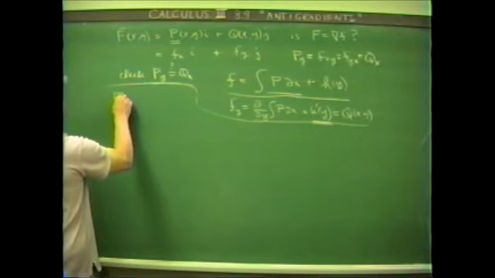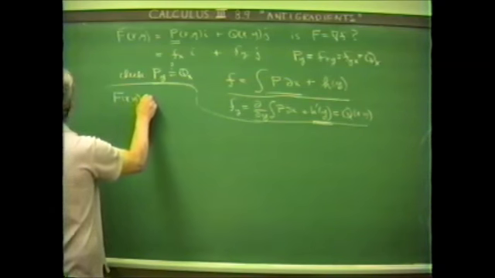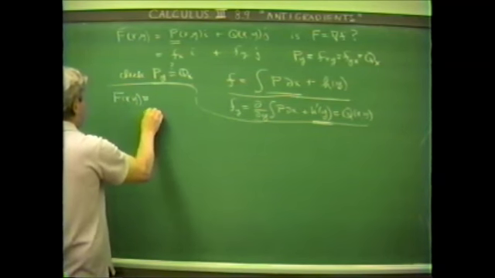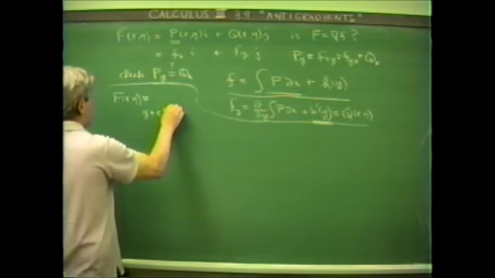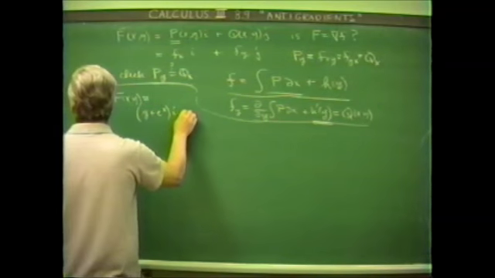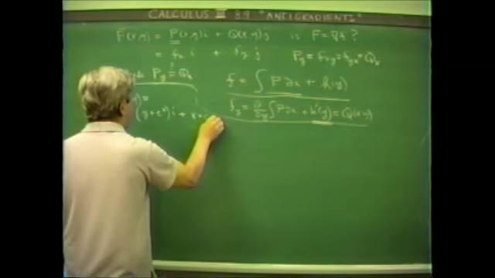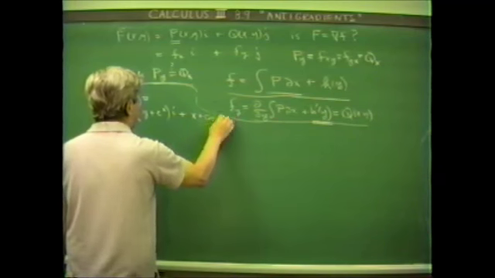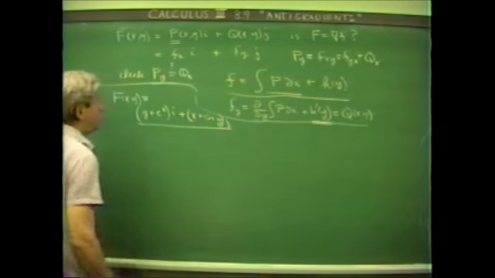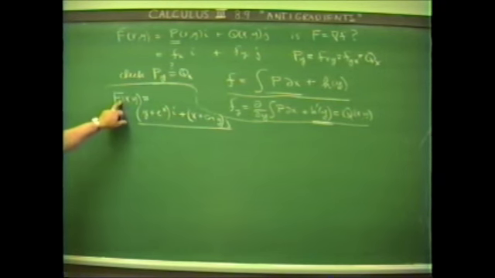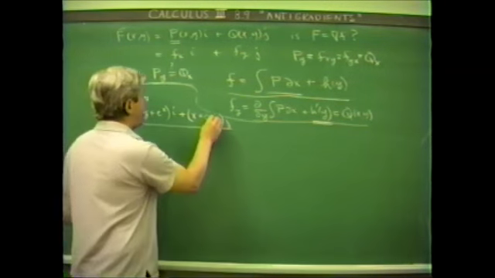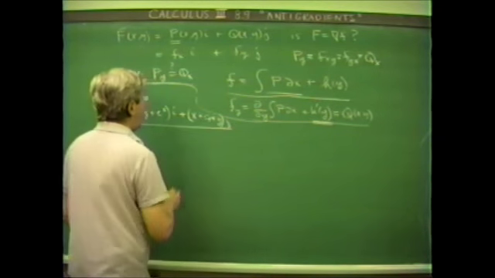Let's suppose that F of x and y is equal to (y plus e to the x) i plus (x plus cosine y) j. Now I have fixed this example up so that capital F is a gradient, and it should illustrate what you need to do to find that out.